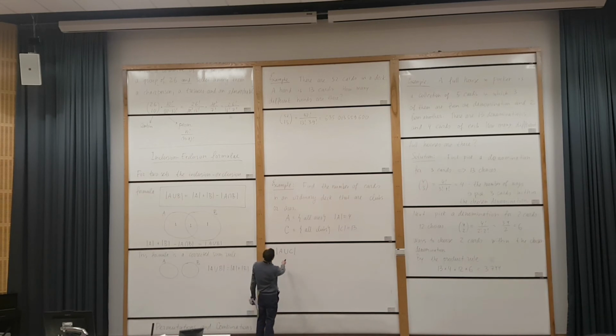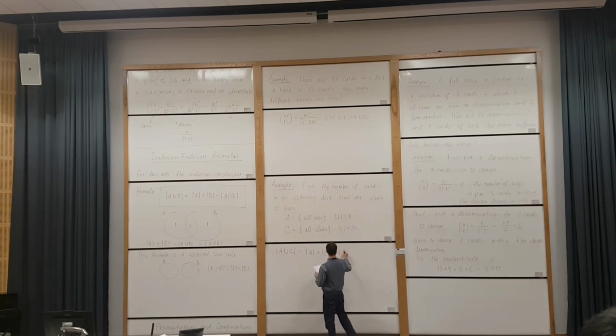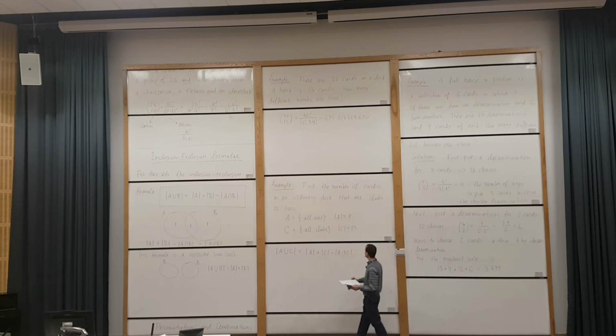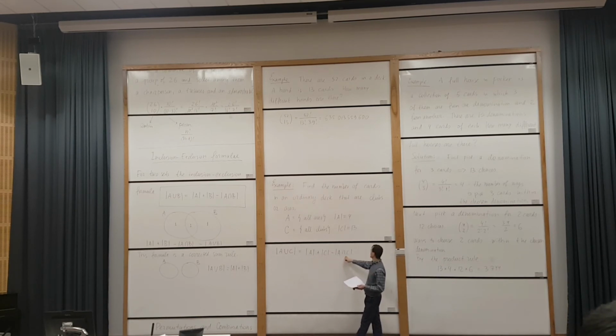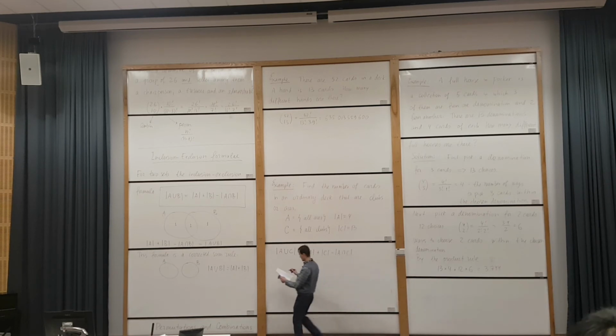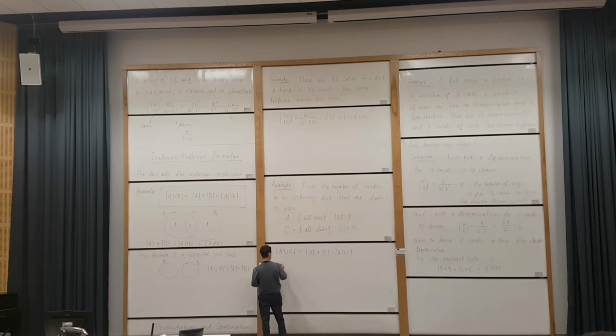Cards which are aces or clubs. So by the inclusion-exclusion formula, this equals the sum of elements in A and C minus the number of elements in the intersection. So we know the number of elements in A and in C. And what about the intersection? The intersection consists of cards which are simultaneously aces and clubs. And there's only one such card, which is the ace of clubs.